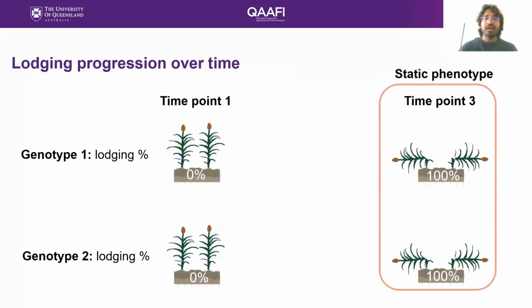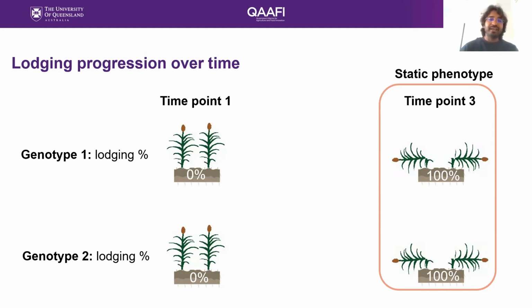This is a simple example showing why repeated measurements may be useful. At time point 1, both genotypes show 0% lodging, and at time point 3, both show 100% lodging. So using only the static final phenotype, we can't separate those genotypes.